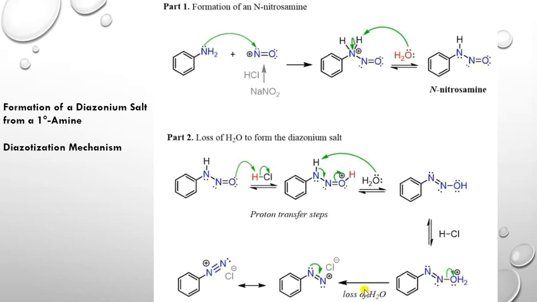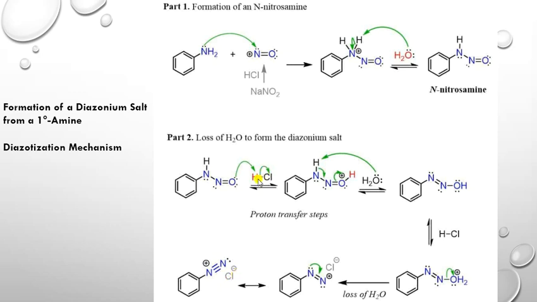After losing an H2O molecule, we get the diazonium salt, and there is resonance between the unshared pair and the positive charge, so it can be drawn like this. And of course the Cl is called the counter ion.